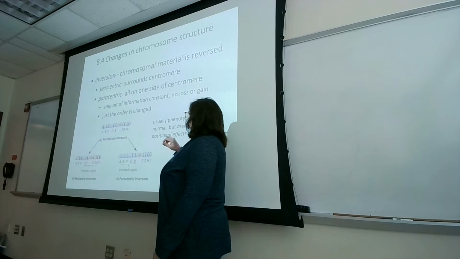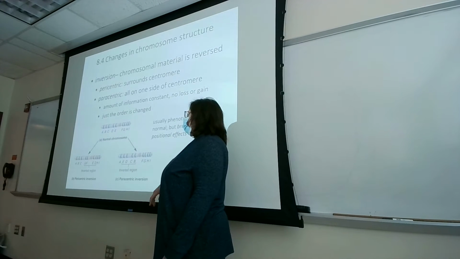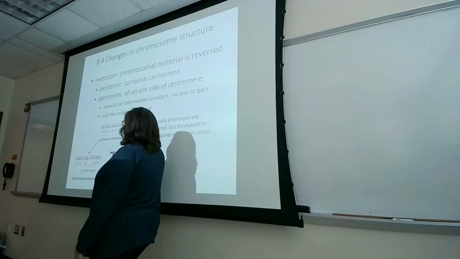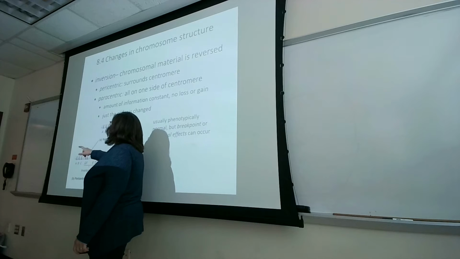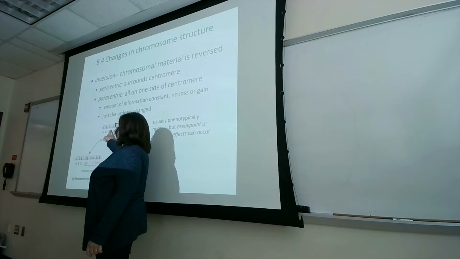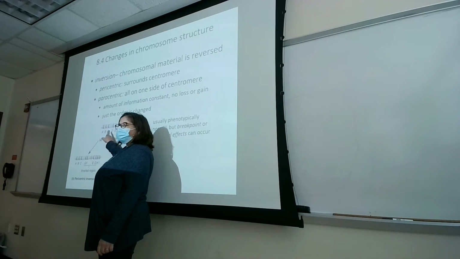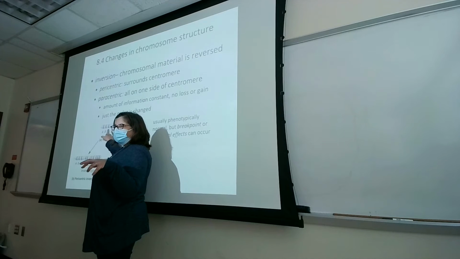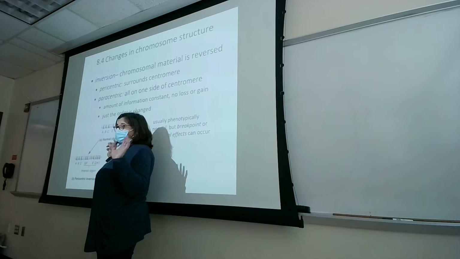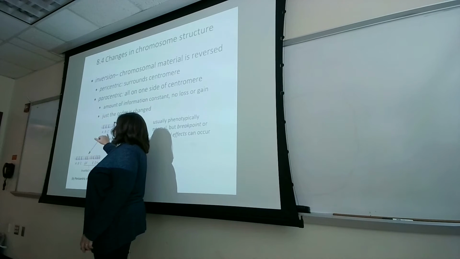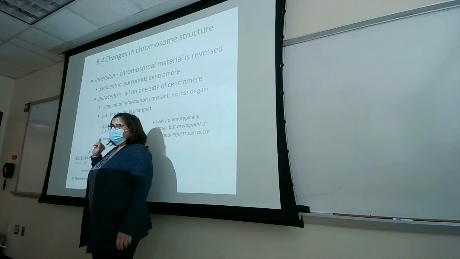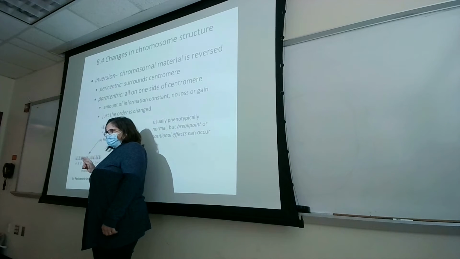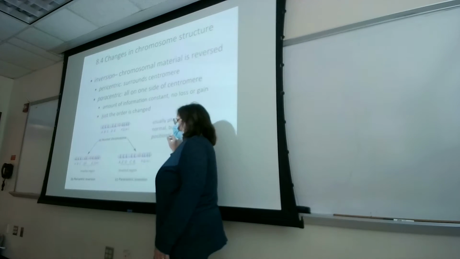You can also have something called a positional effect. Here our break was between C and D. If that's a really big region that has a lot of control parts in it, like controlling genes or controlling chromatin, maybe it's an imprinted region, and you break it there and move it into a non-imprinted region, that would be a positional effect.